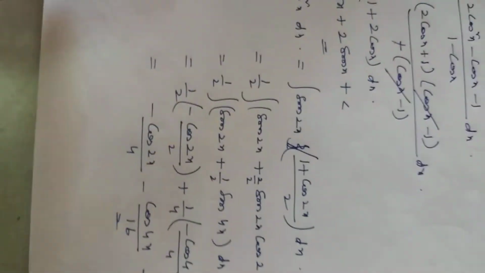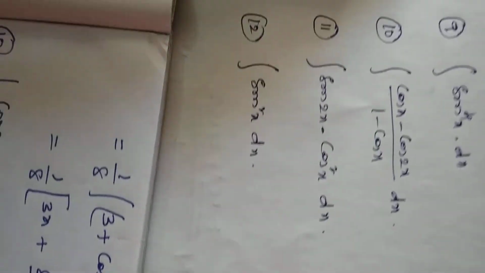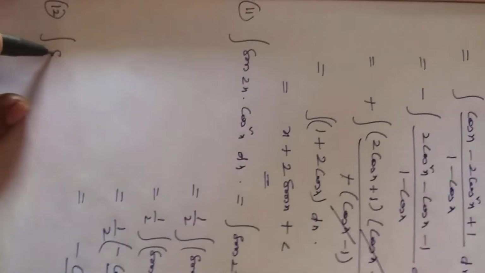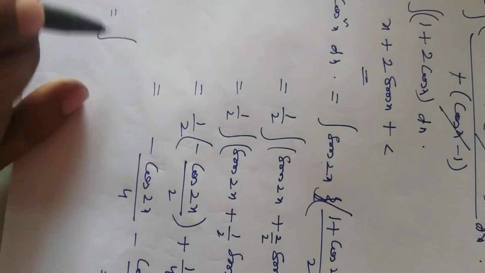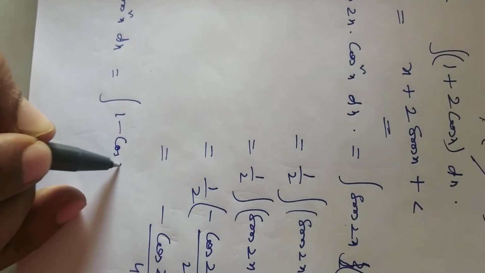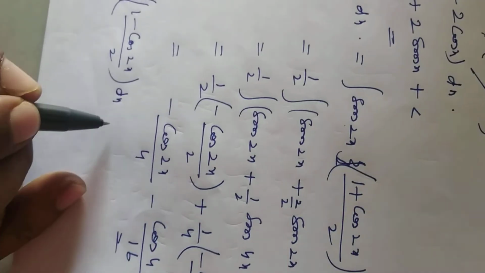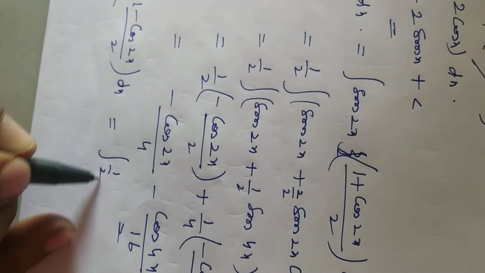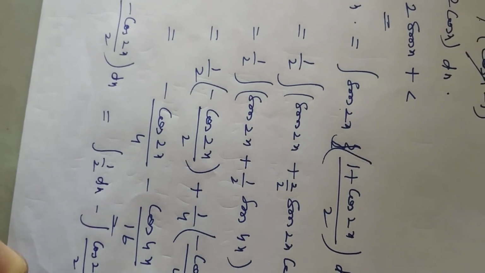Next, last question, the 12th one. Integration of sin square x dx, which is very simple. What is the sin square x formula in terms of cos? 1 minus cos 2x by 2 is the formula here, which can be written as the integration of 1 by 2 dx minus the integration of cos 2x by 2 dx.